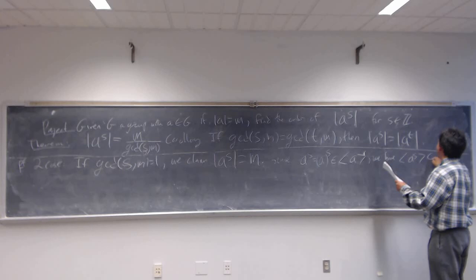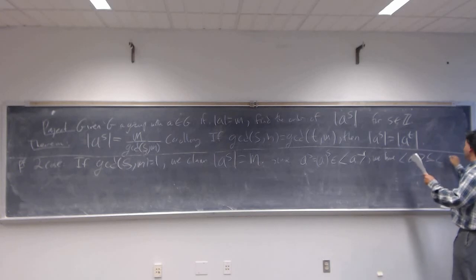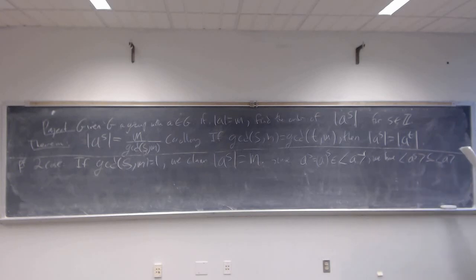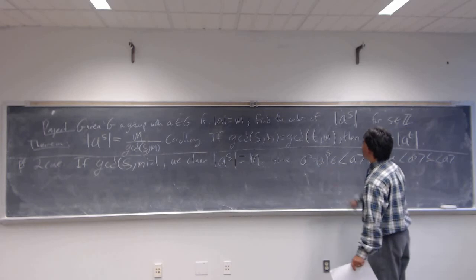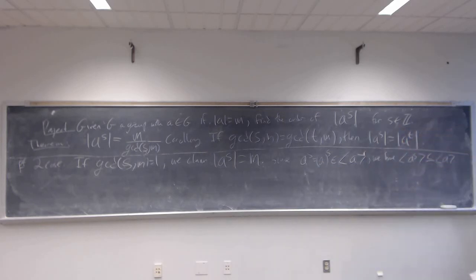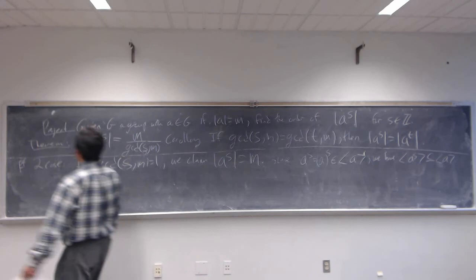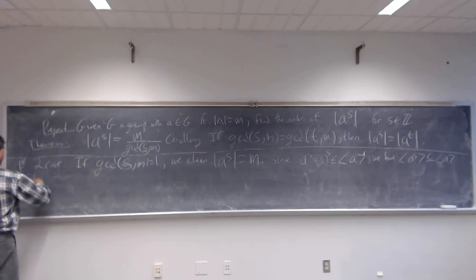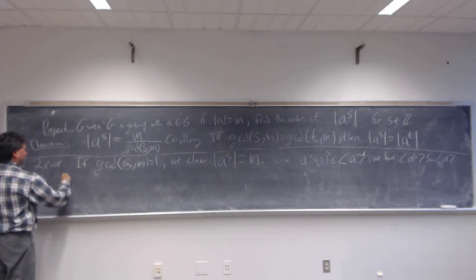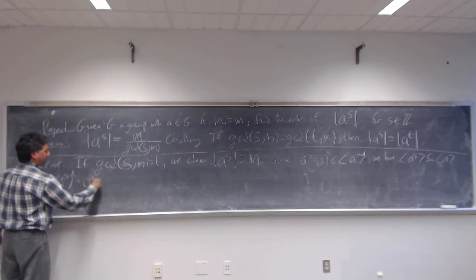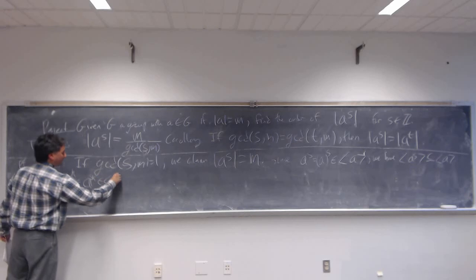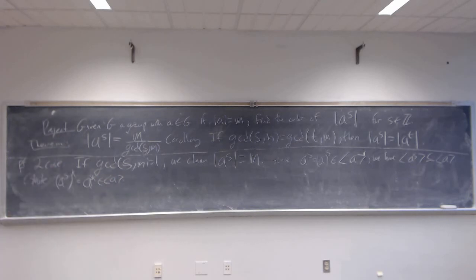That means the cyclic subgroup generated by a to the s has to be inside the cyclic subgroup generated by a. Let me say why. If we look at a to the s to the k, that's a to the s times k, and sk is some integer, so a to the sk is certainly a power of a.